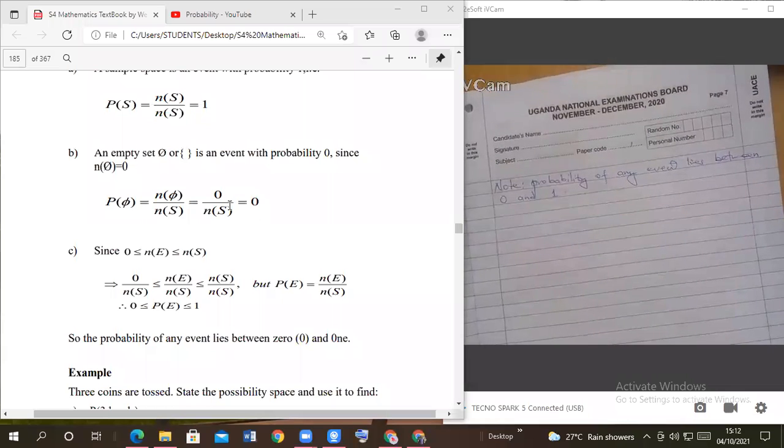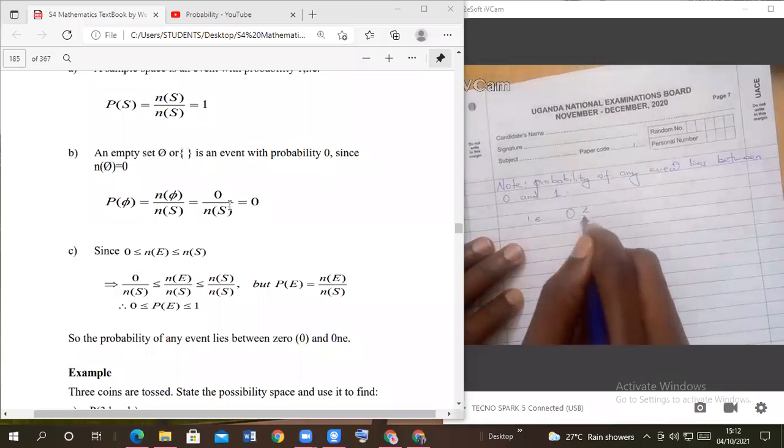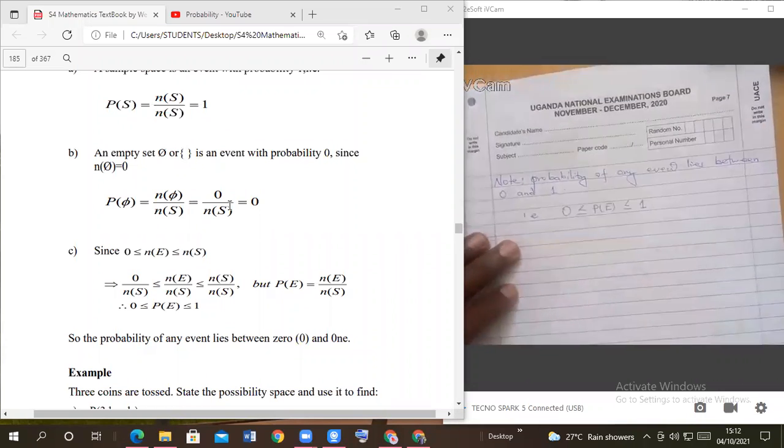Probability of any event lies between what, members? Lies between 0 and 1. That is 0 less than or equal to probability of any event less than or equal to 1.